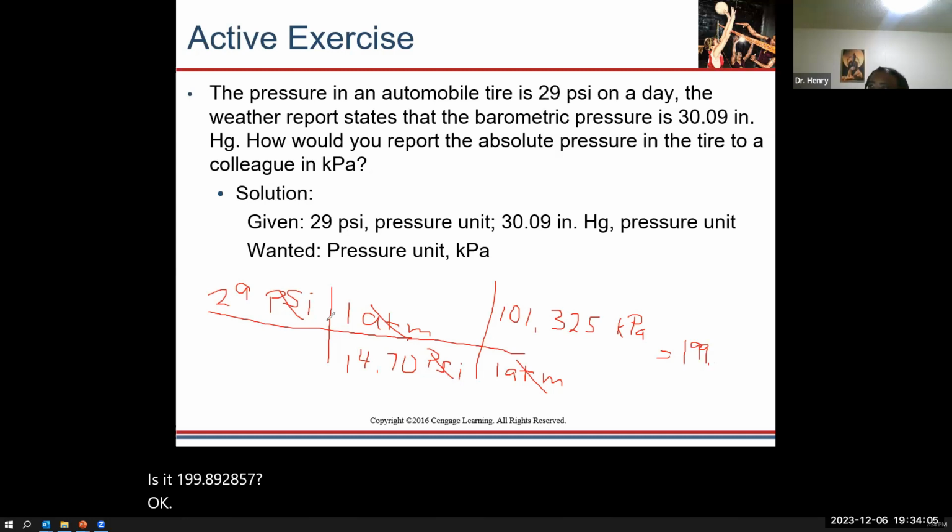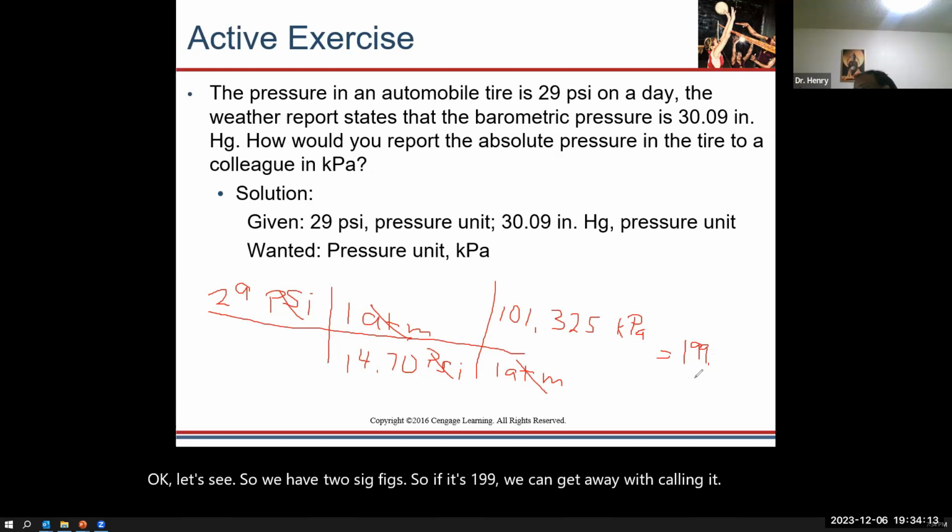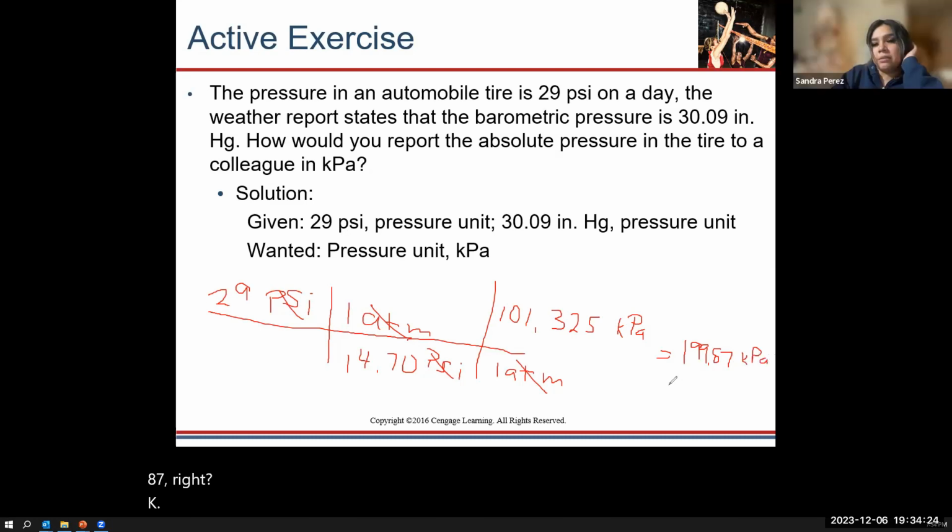Okay, let's see. So if it's 199.89, we can get away with calling it 200 kPa.